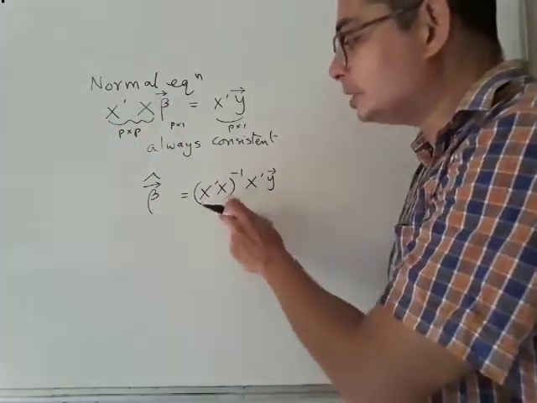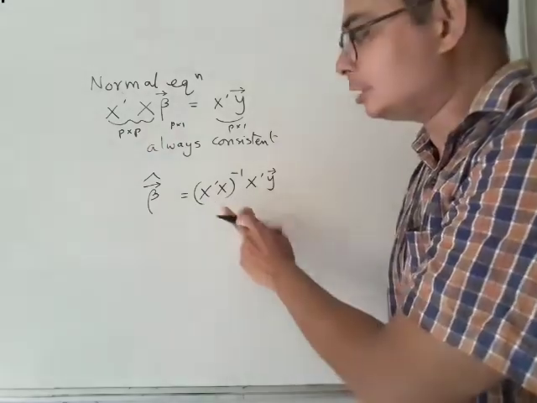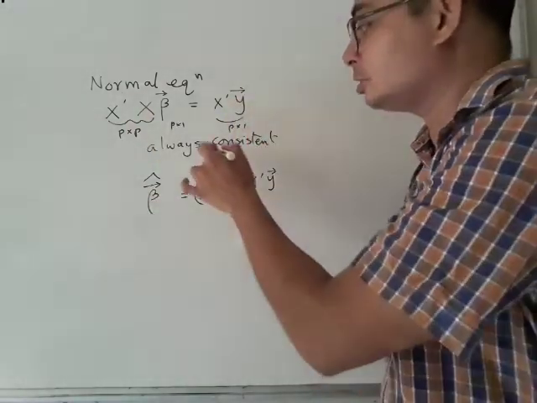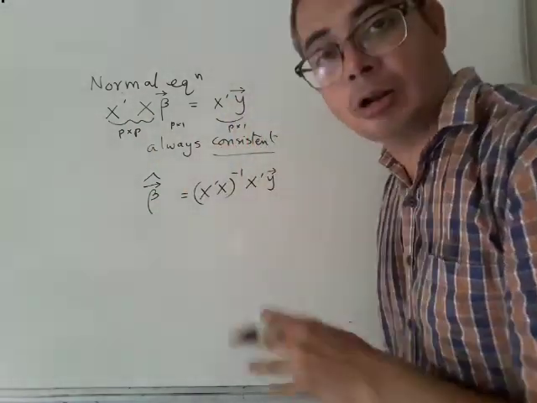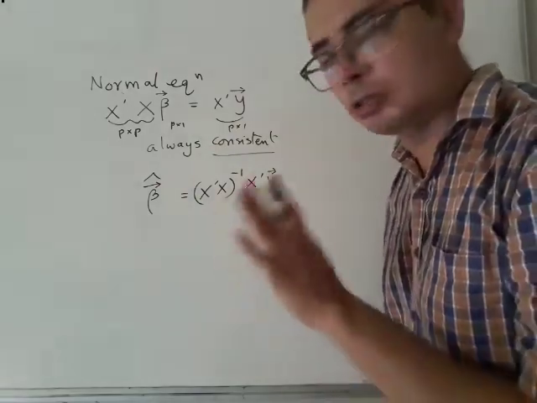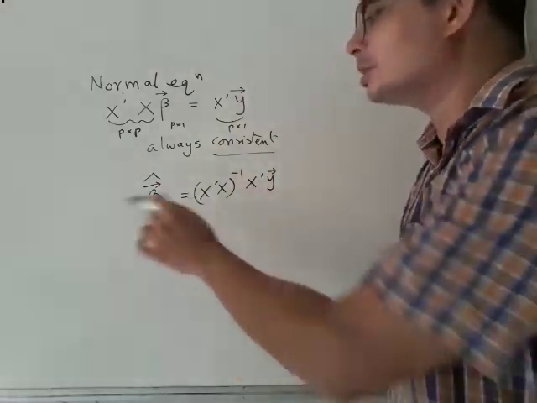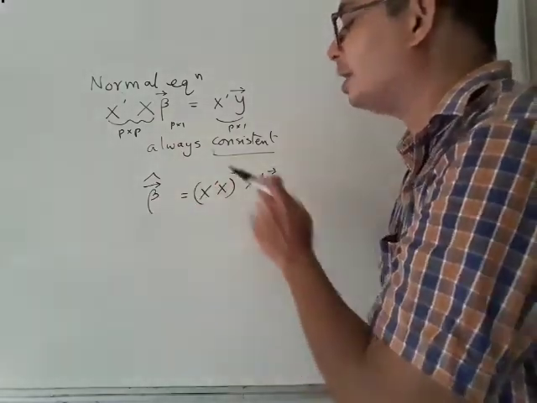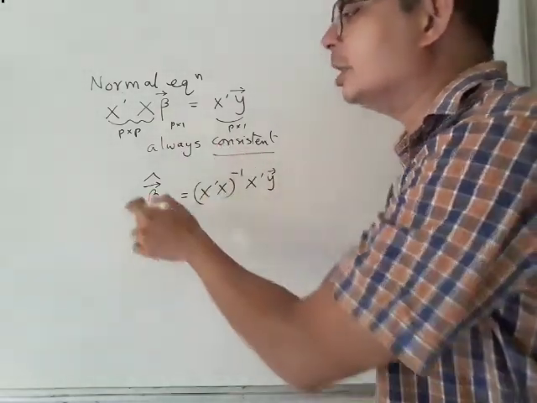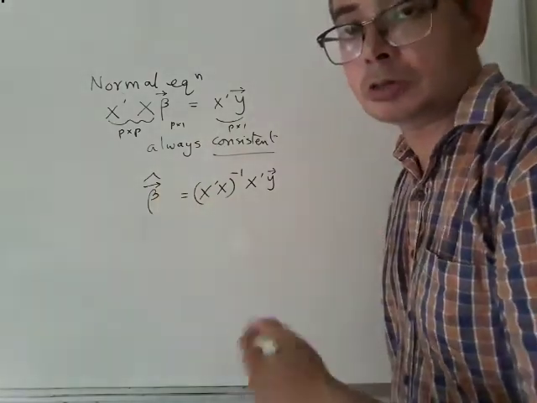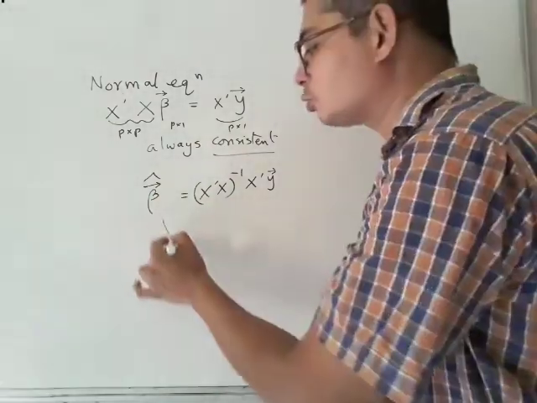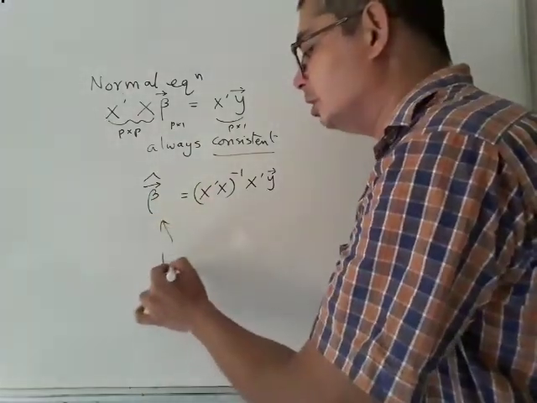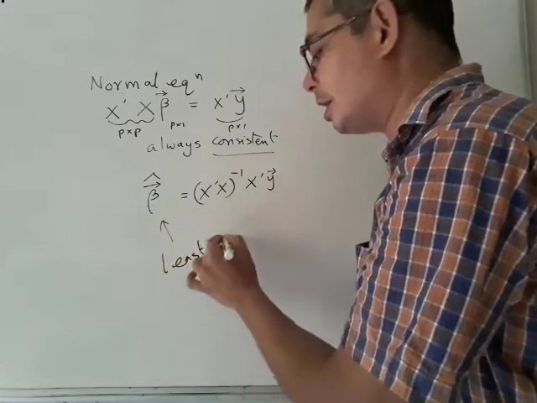However, if this is not non-singular, then the system, I said it is always consistent, but may not have a unique solution. We'll get into all those cases later. The simplest possible case is when it is non-singular, you can just find the unique estimator, and that is what is called the least squares estimator.